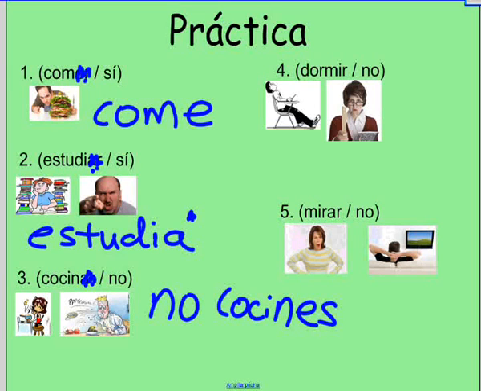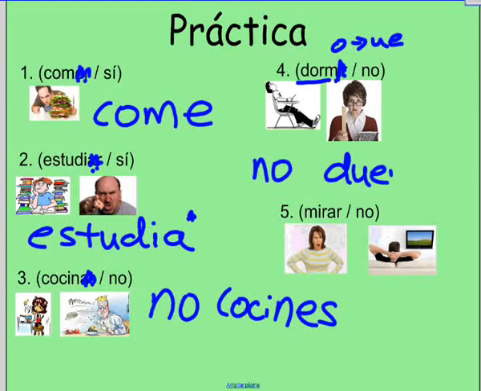dormir, no, so telling someone don't sleep. So the first step is write down no, because it's a negative command. All right, the second step is to take off the last two letters. But remember that dormir is a stem changing verb in the present tense. So that means that we are not going to simply copy the stem. We have to change it a little bit. Now remember, we're using that yo form.